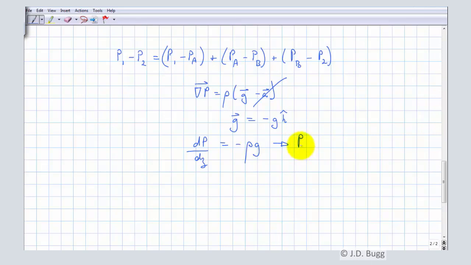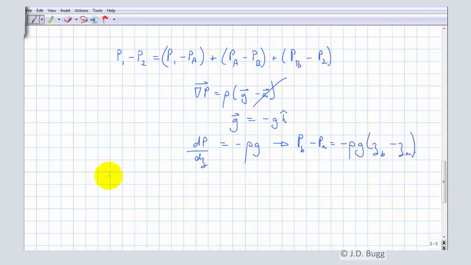So any two points, PB minus PA, will be equal to minus rho G (ZB minus ZA). So B minus A here, B minus A there. So this equation we can use, substitute it in here three times, and represent these pressure changes by density times G times elevation changes.